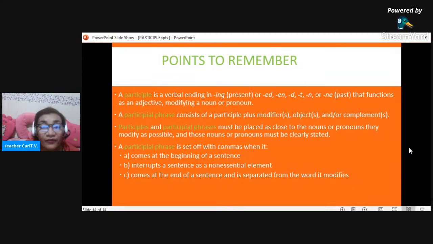A participial phrase is set off with commas when it A, comes at the beginning of the sentence: the participial phrase, comma, and the noun it modifies, or for some, a pronoun. B, interrupts a sentence as a non-essential element. And C, comes at the end of the sentence and is separated from the word it modifies.